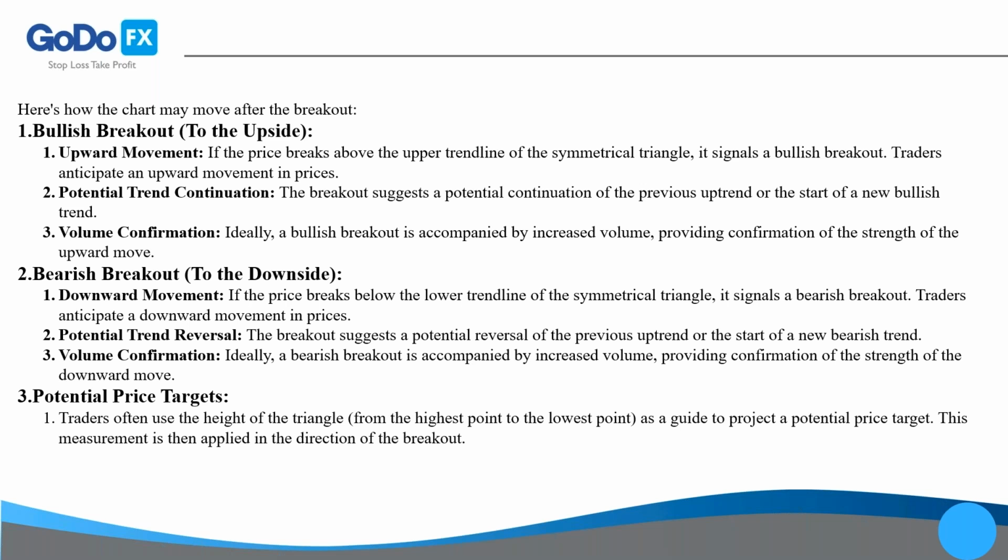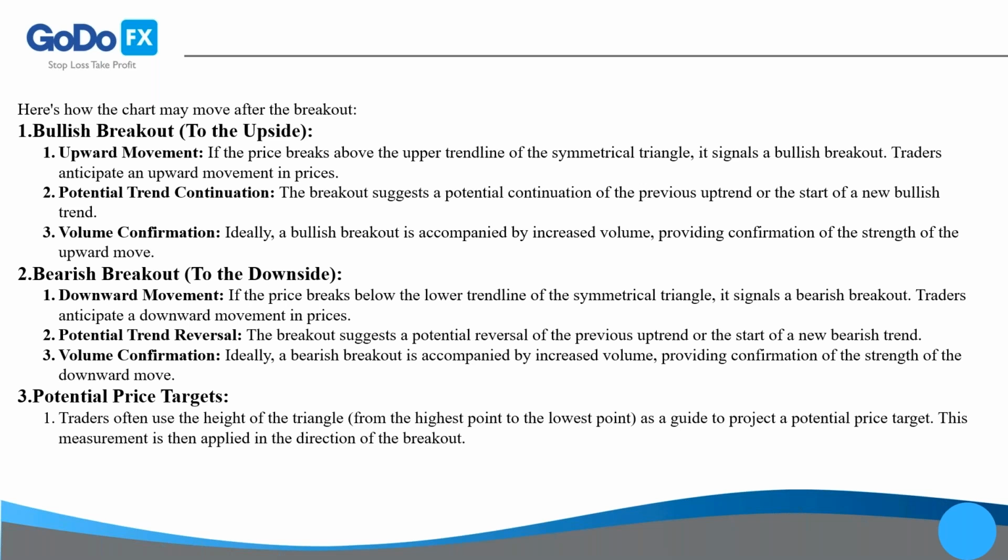Concerning the bearish breakout, in case the chart breaks out the support and moves to the downside of the symmetrical triangle, it signals a bearish breakout, and traders anticipate downward movement in prices.